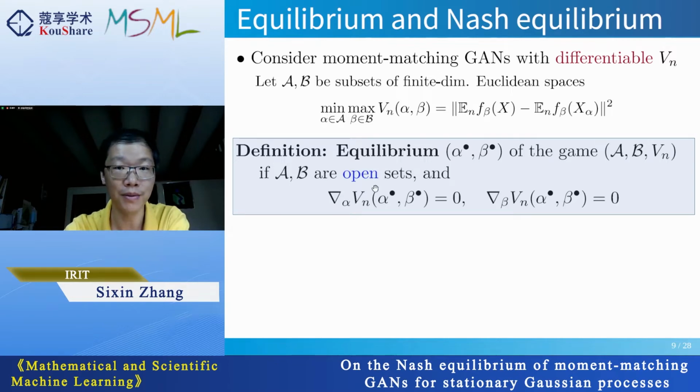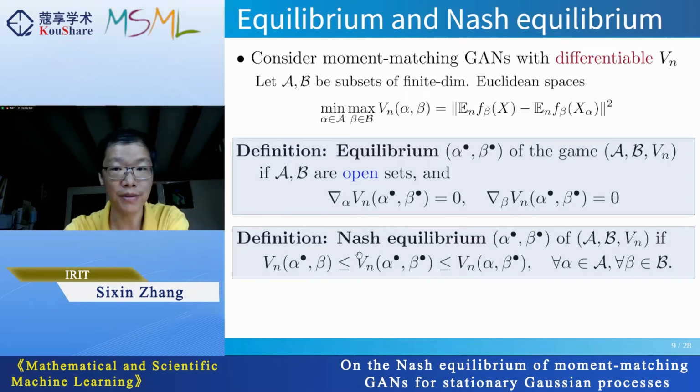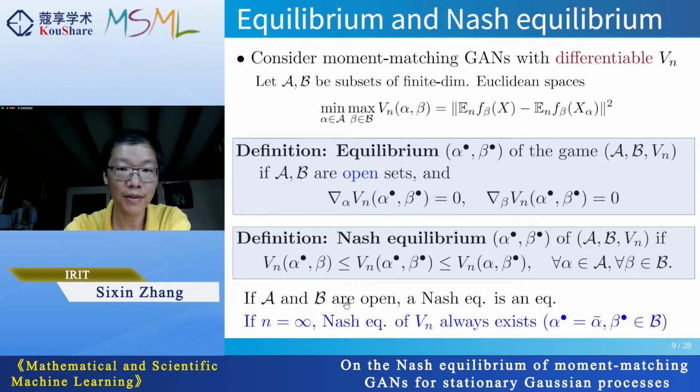So that's the equilibrium. And Nash equilibrium is saying that, locally or globally, you don't want to move if you don't change another player's strategy. And then if alpha, beta lie in an open set, then we know that Nash equilibrium is occurring because that's the first order critical point condition.